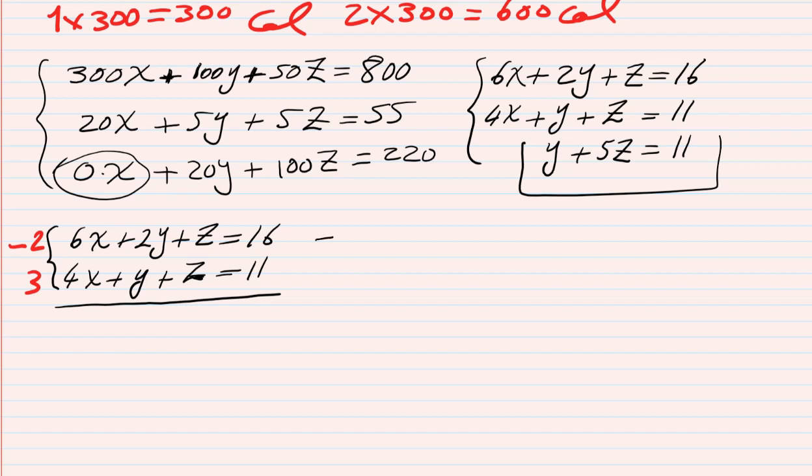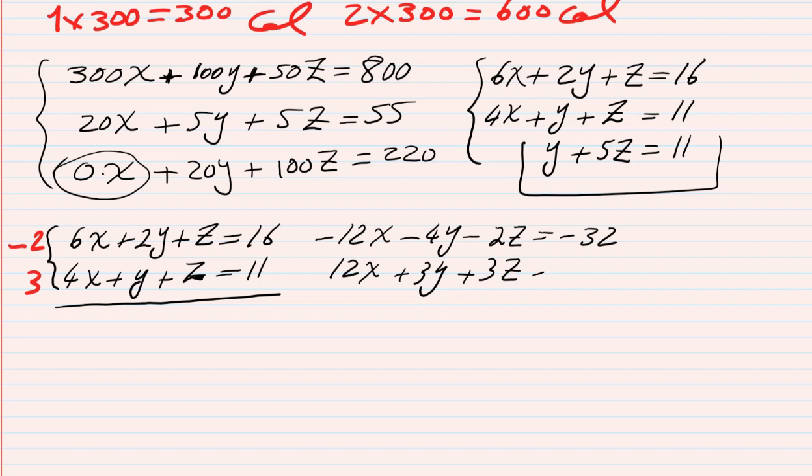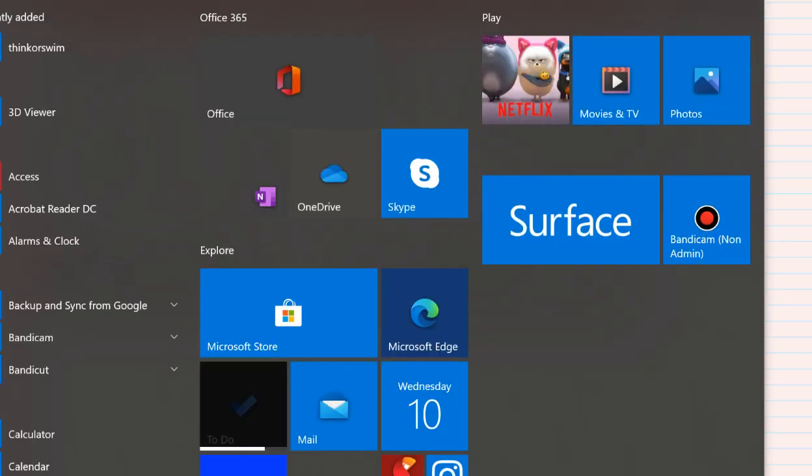Okay, well, let's complete it. 2 times 6, that's negative 12x, negative 4y, negative 2z equals negative 32. 3 times 4 is 12x plus 3y plus 3z equal to 33. And then add them together.